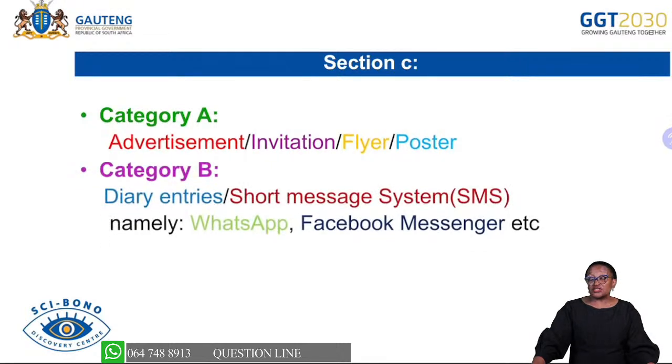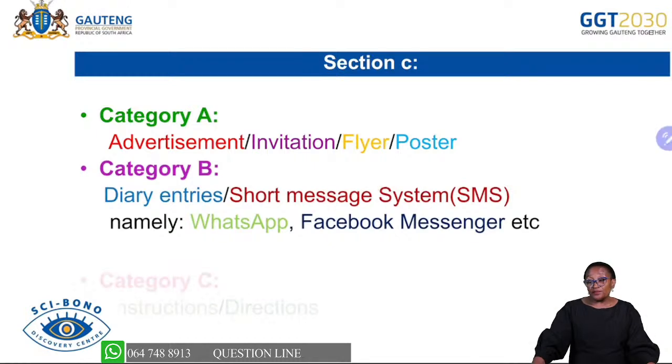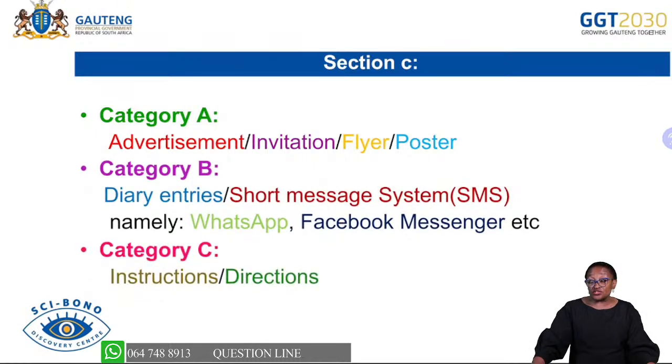What about category B? In this category, we find diary entries, short message systems, namely WhatsApp, Facebook Messenger, etc. And the last category of this section is category C. This is made of instructions as well as directions.